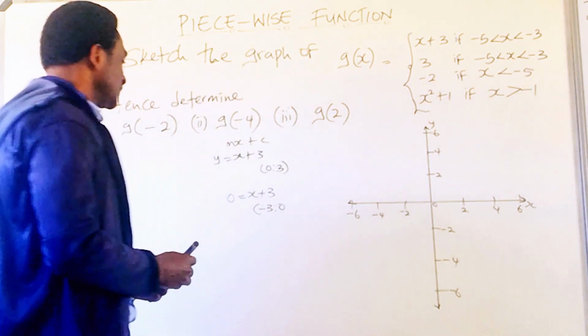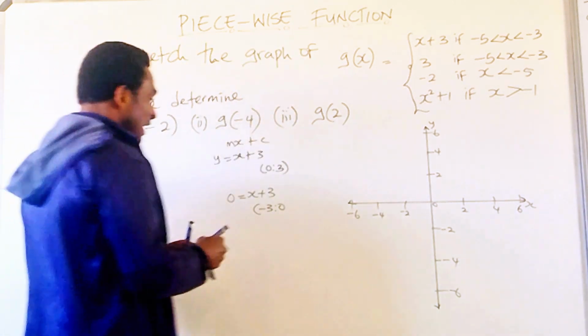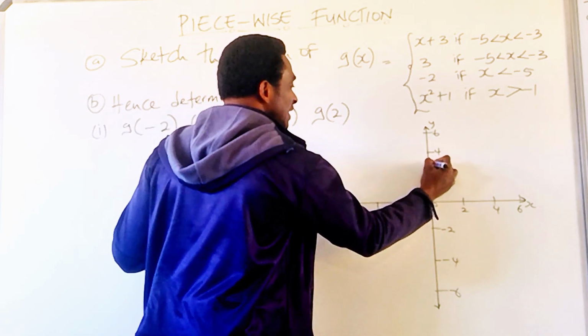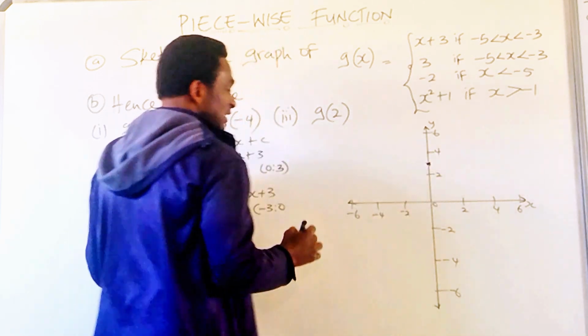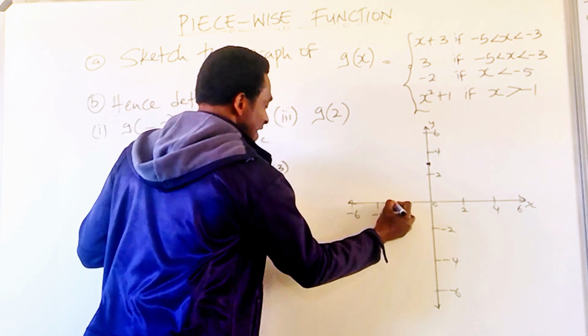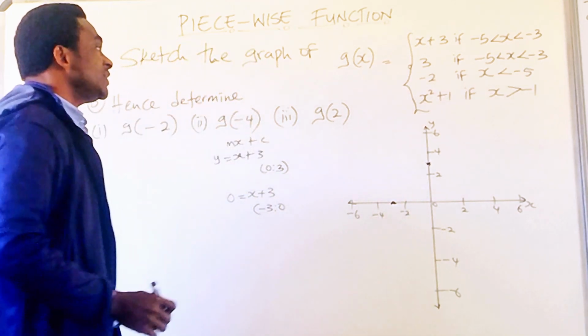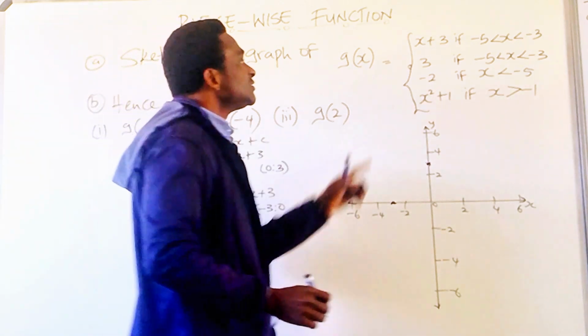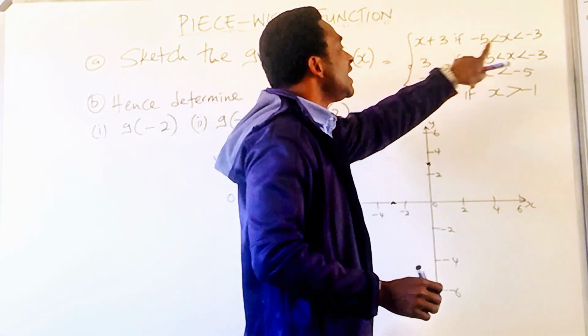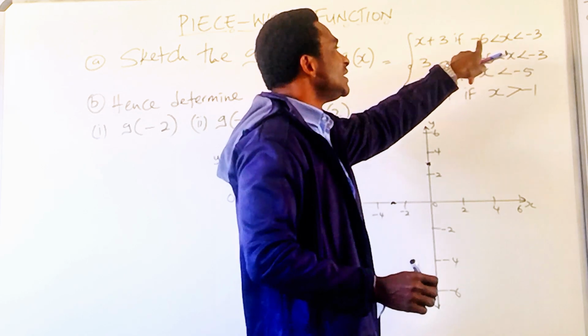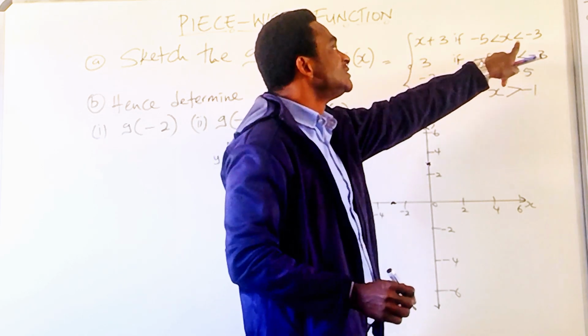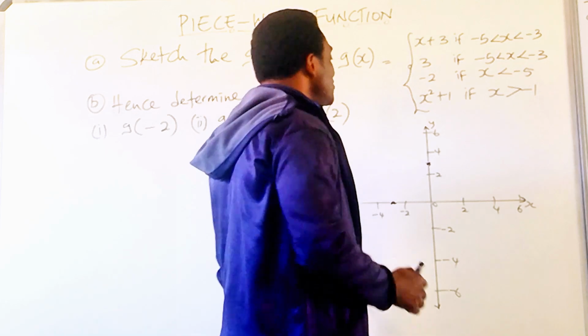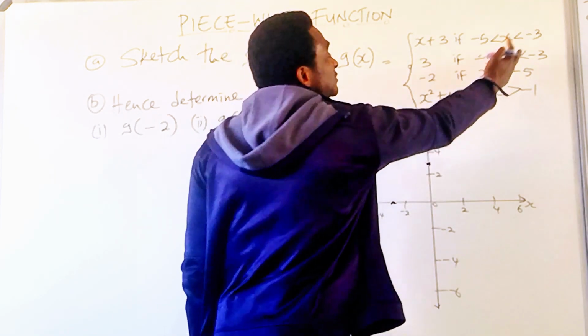Now let's look at this. Let's sketch this. I have 0 and 3 as my y-intercept. X-intercept is -3 and 0. Now, what is the restriction? The restriction says that for this particular graph, x is greater than -5, but less than -3. That means every other place, it must be within this range.